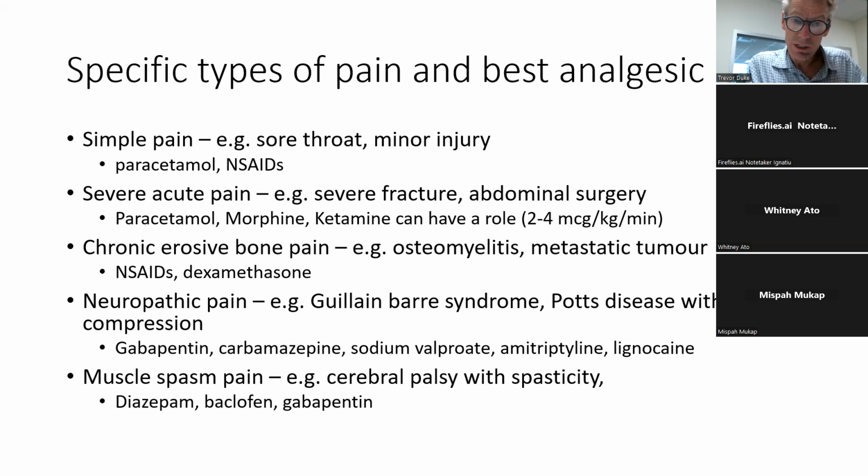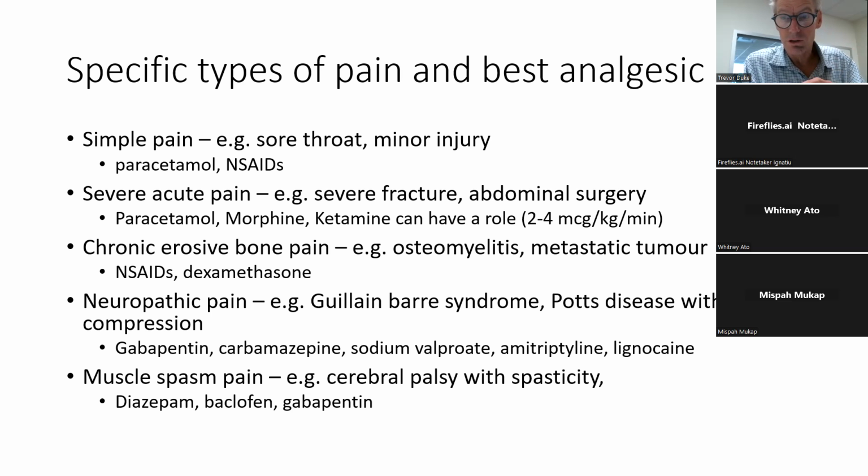For chronic pain, neuropathic pain, or chronic erosive bone pain, I very much try to stay away from opioids. The reason for that is opioids are good for acute, severe, traumatic pain, but they're not good for chronic pain that's not related to cancer, for which a patient's receiving palliative care.